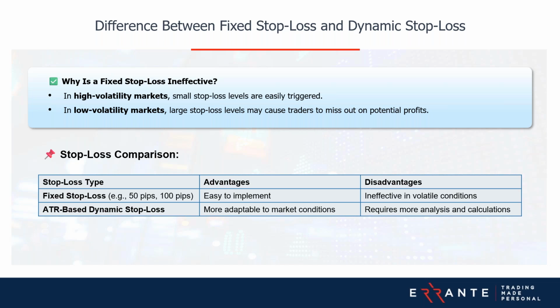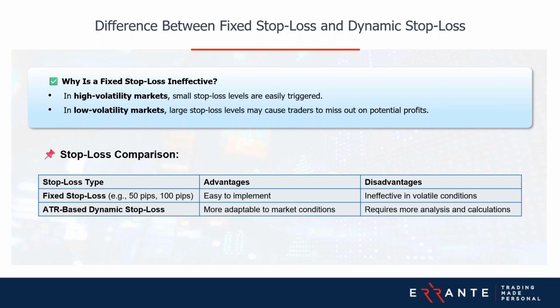So if you want to compare this, you see on this table: stop loss type, advantages, disadvantages. The fixed stop loss is simple to use and easy to implement, but ineffective in volatile conditions, as it can be too tight or too loose. An ATR-based dynamic stop loss adapts to market volatility instead and reduces premature stop-outs.